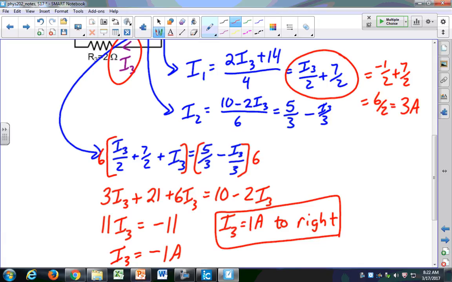Notice what I've done here. I got I3 equals negative 1. I have to keep that negative until the very end. So when I plug that negative in up here to find I1, I get negative 1 over 2 plus 7 over 2. Please make note of that, because if you don't keep that negative until the end, you will do the math wrong.